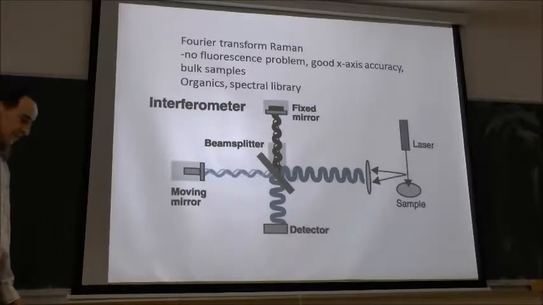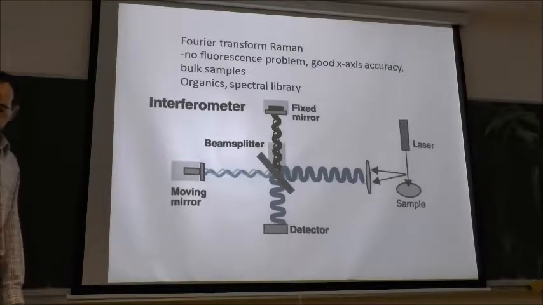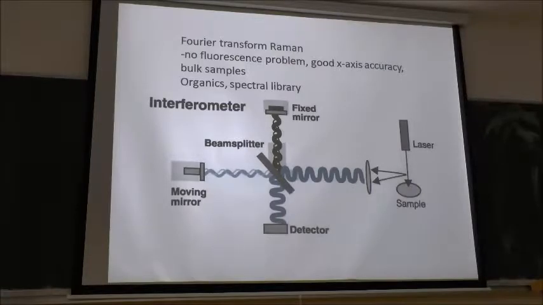This type of instrument has an advantage: there is virtually no fluorescence. It has extremely good X-axis accuracy, but it is a huge instrument. It is used mainly for bulk samples, organics, and for making spectral libraries.